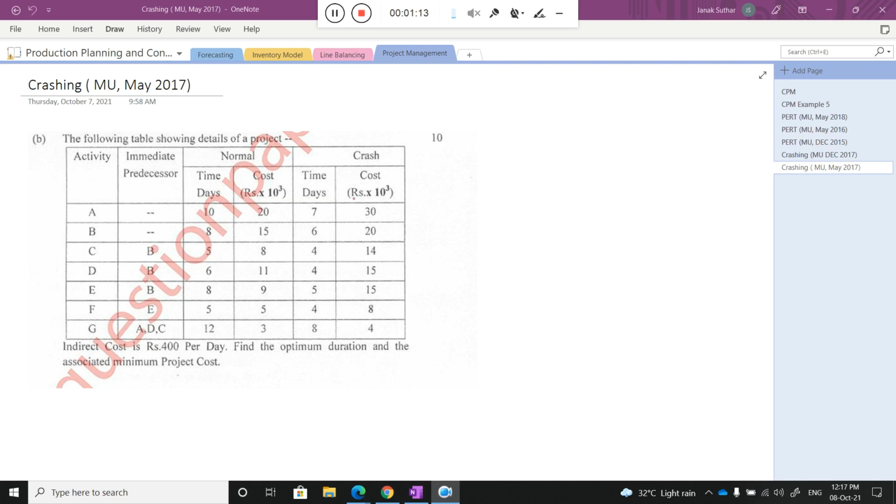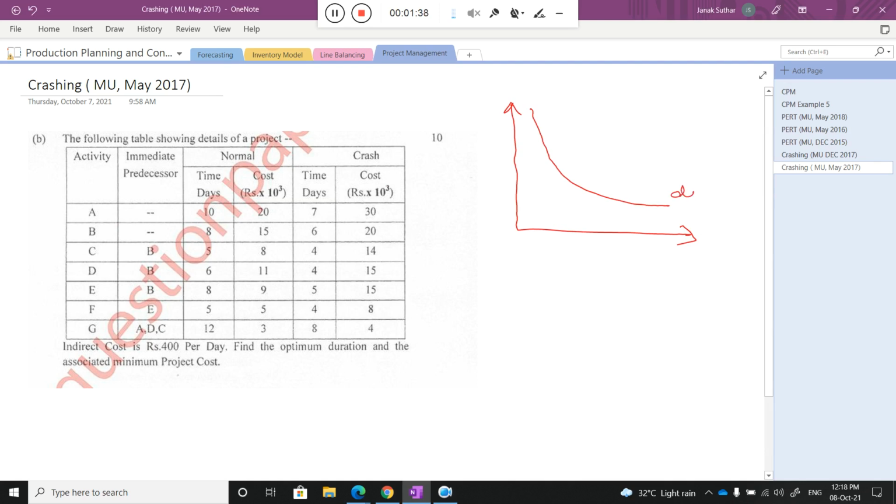So I will try to make the graph again. This is the graph. When I talk about the direct cost, with respect to time duration, the cost will be reduced as the duration increases. That we already discussed.